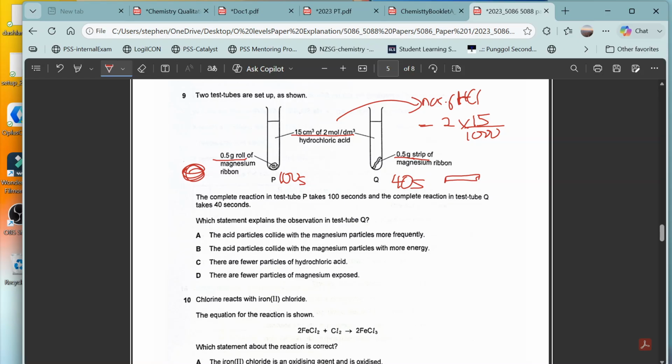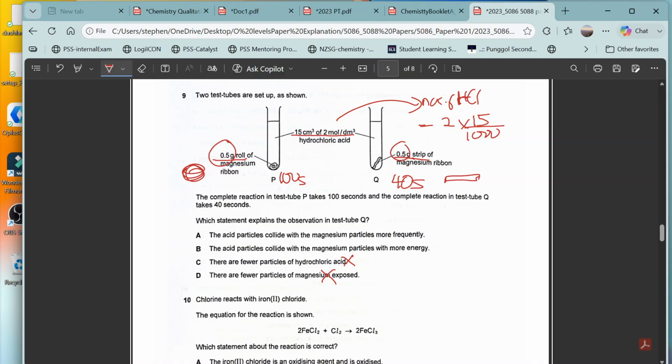Okay, so let's cancel out the obvious. There are fewer particles of HCl, which is wrong because both of them have the same number of moles. Both of them is 2 times 15 upon 1000, right? There are fewer particles of magnesium. Oh, there are fewer particles, but then both of them are 0.5, right? 0.5.